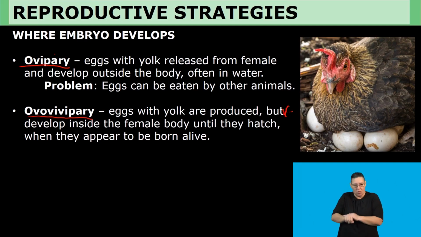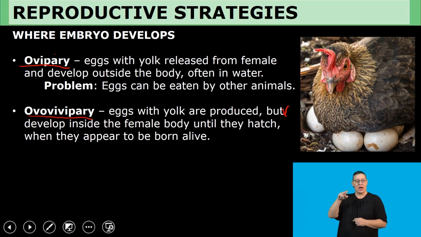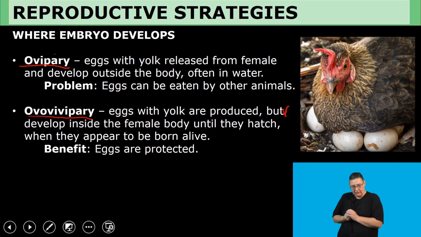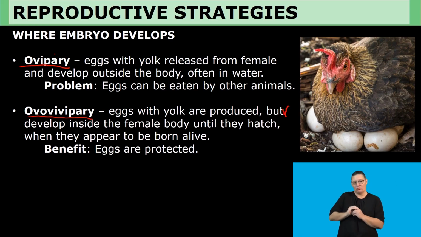So the difference between ovipary and ovovivipary is that in ovipary, it's outside, while in ovovivipary, it's eggs, but now they are inside the female body. The benefit of ovovivipary is that eggs are protected. Because they are inside the female body, they are safe. They are always protected.